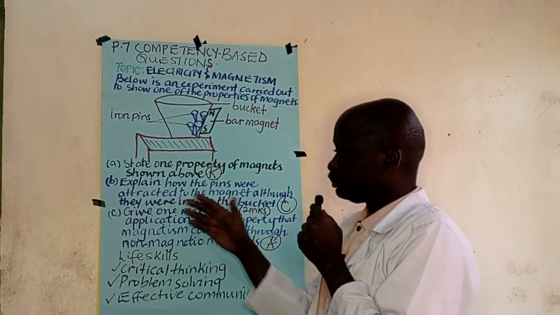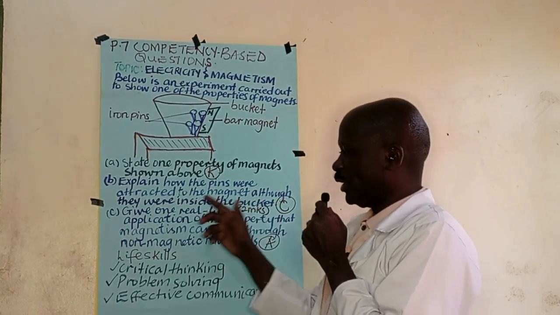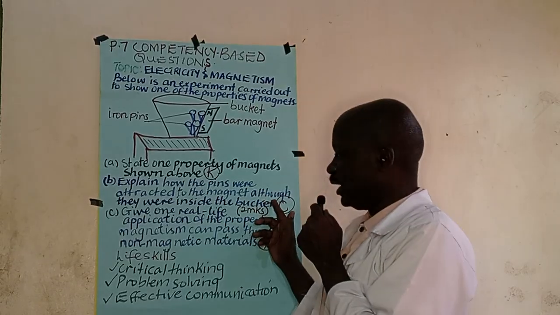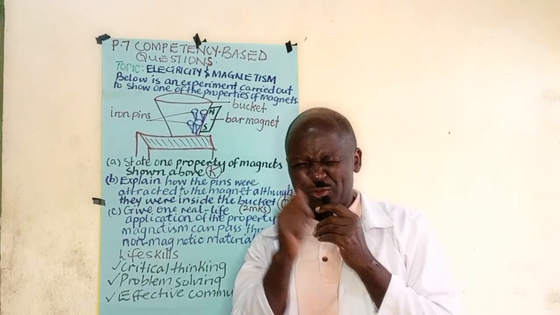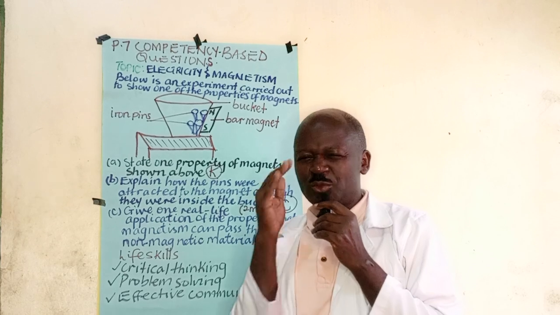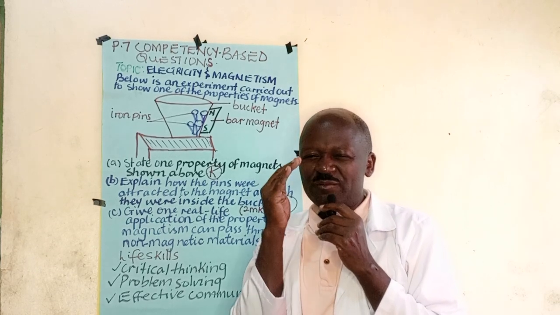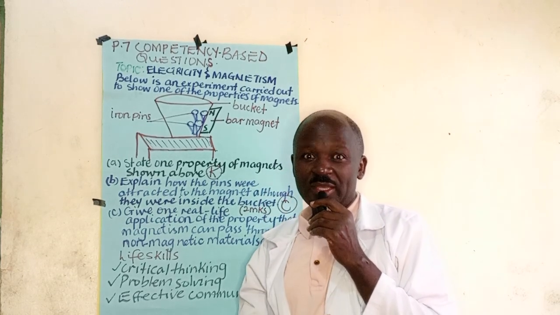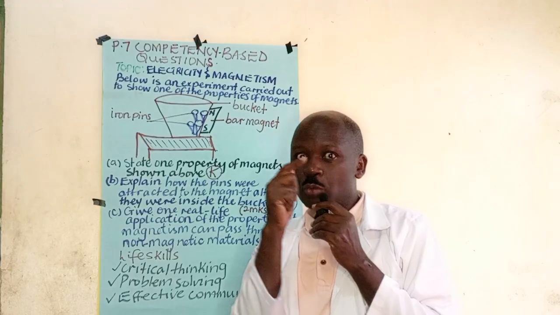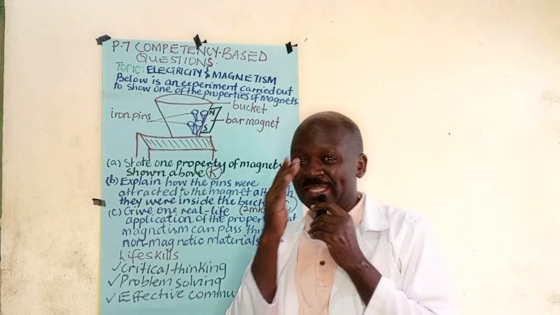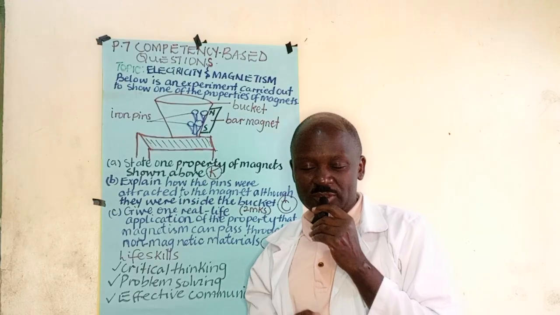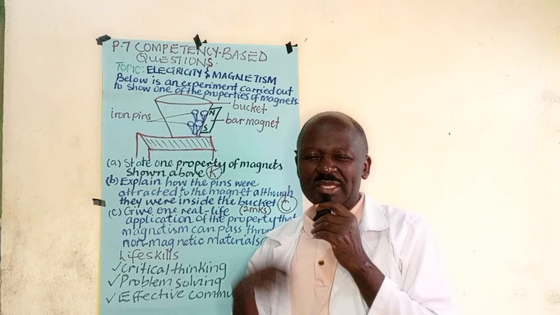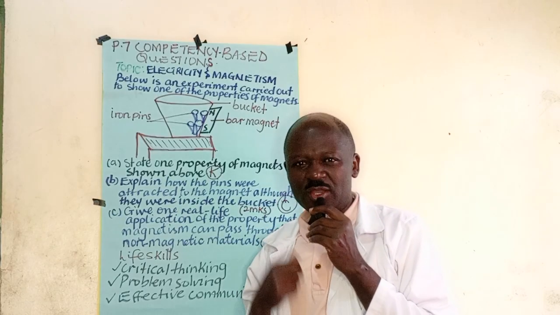Then part B, explain how pins were attracted to the magnet although they were inside the bucket. 2 marks. So that's where candidates have challenges also. And which level of question? Comprehension question, understanding question, which is a high order thinking question.